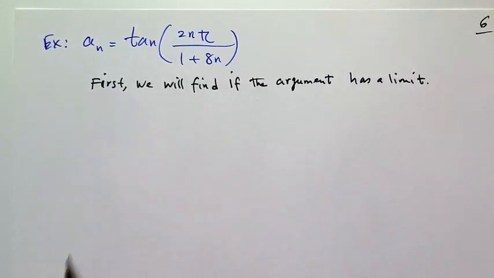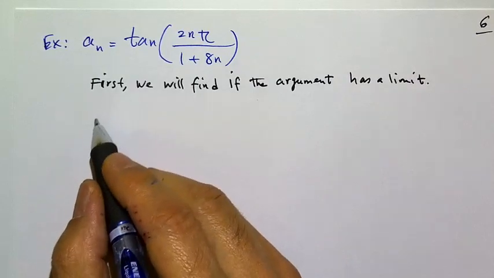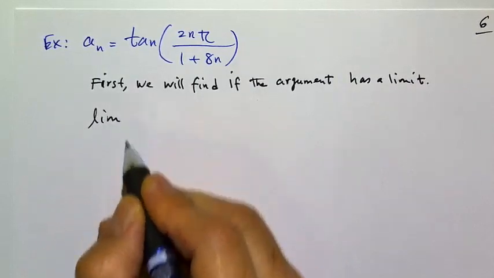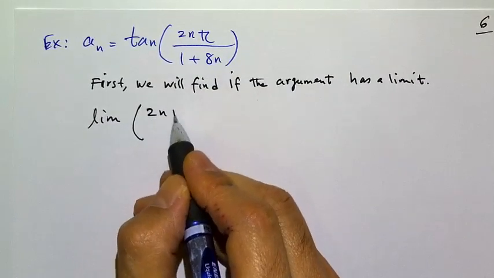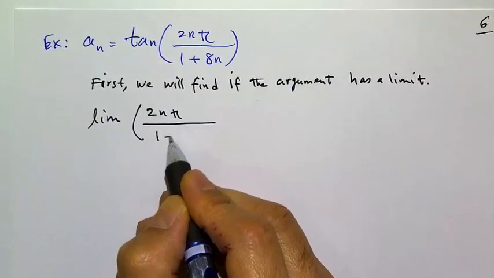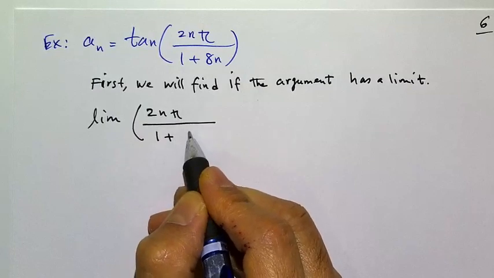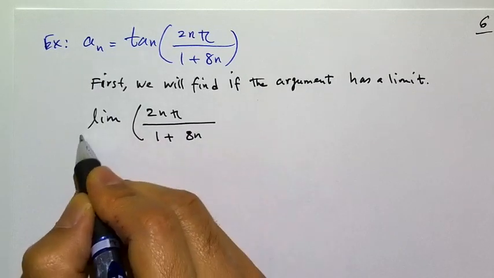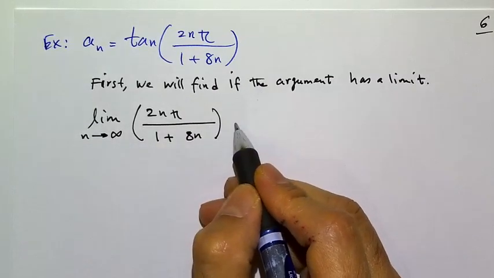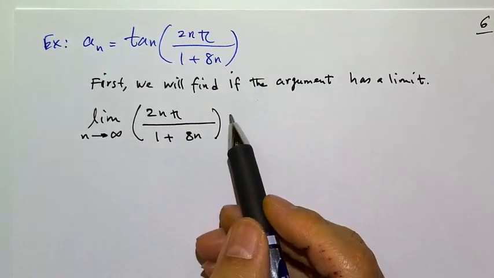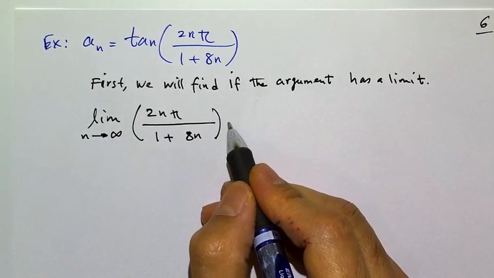So we're going to take the limit of that piece, inside the parentheses, 2n pi divided by 1 plus 8n as n goes to infinity. Again, we will apply the method we applied in the previous example.